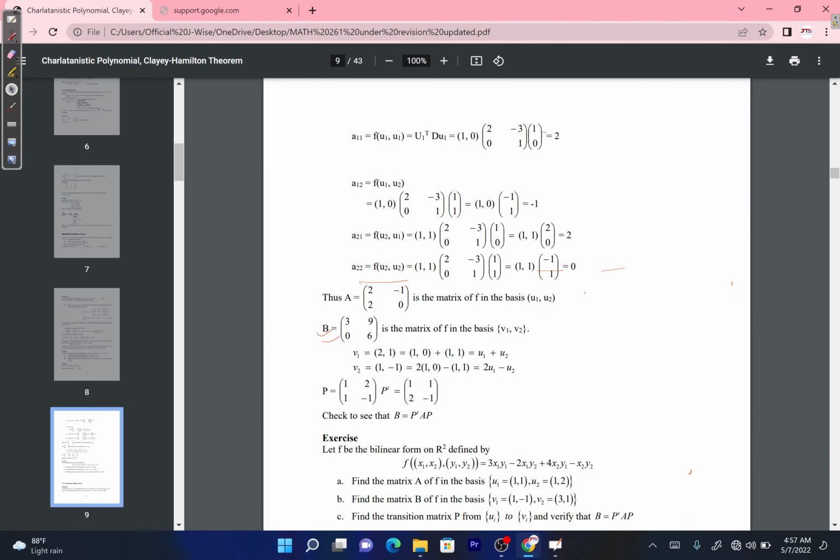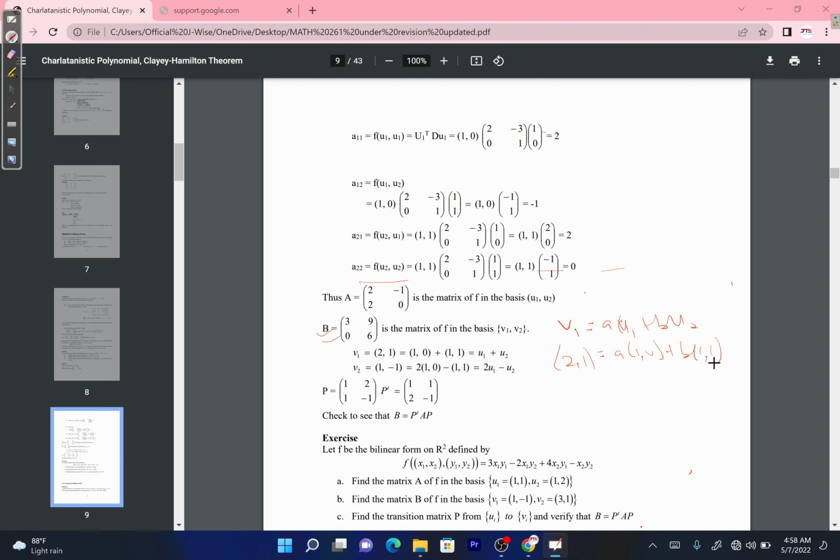Now you can pick each of the v's. When you pick v1, you express v1 as a linear combination of u1 and u2. So maybe you have a u1 plus b u2. We know our v1 to be (2, 1), so a times u1, which is (1, 0), plus b times u2, which is (1, 1).